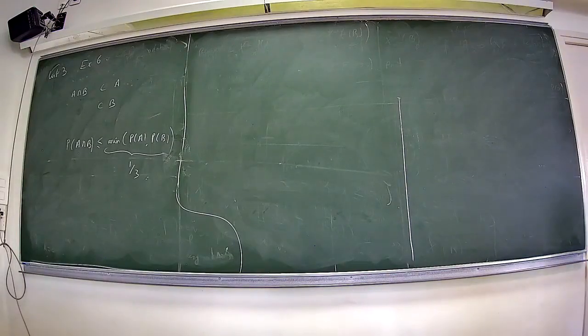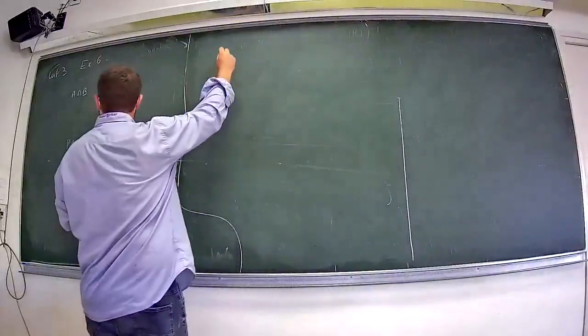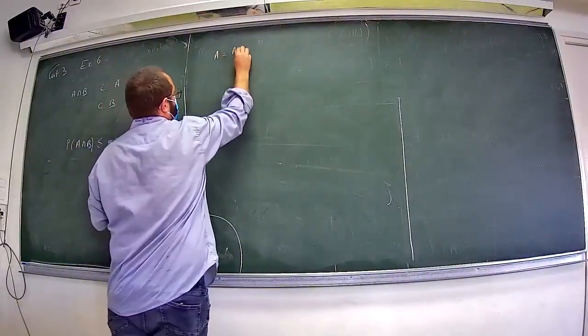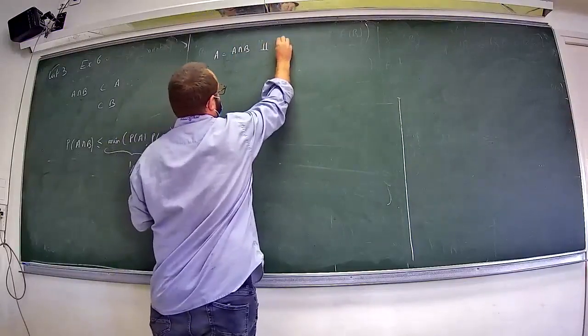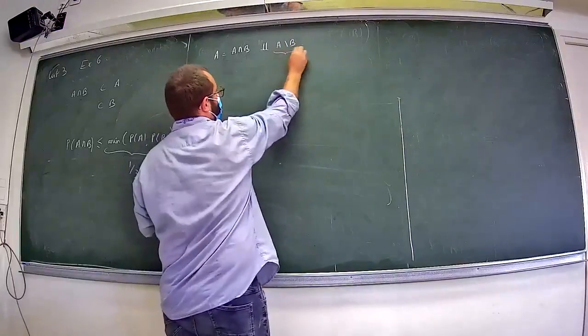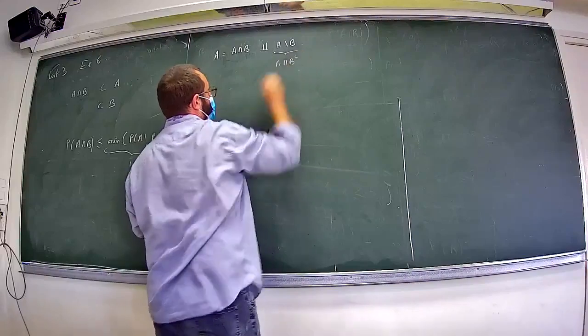So one possibility is to use this equality here, so that A is equal to A intersected with B, disjoint union with A minus B. That is just equal to A intersected with B complementary.